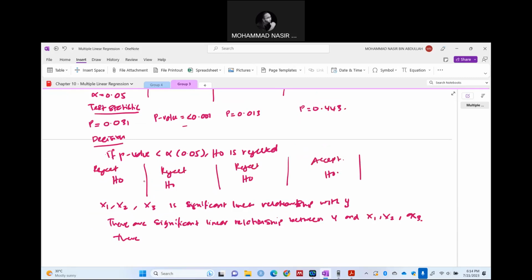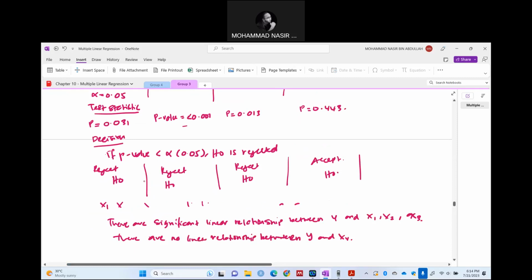Okay. So when we reject null hypothesis, we conclude that there is a significant relationship between dependent variable and independent variable. There is no linear relationship between y and x4. Okay.